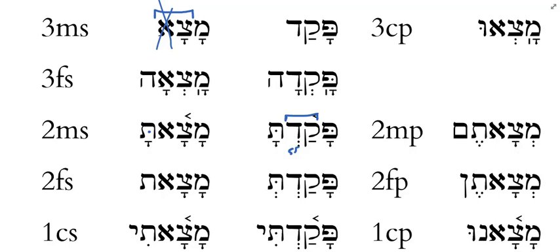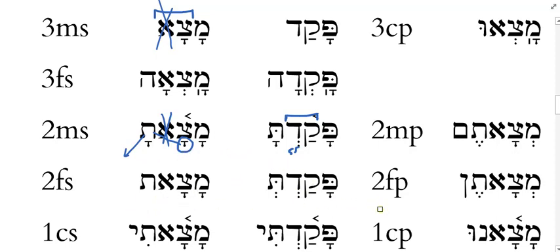So what precedes this begadkefat letter tav that would normally have a dagesh lene? Remember, the aleph is not being pronounced. So what's before the tav? A vowel, right? What happens to the dagesh lene? It falls out. A preceding vowel sound blows out a dagesh lene. Does that make sense? Okay, good. So it goes away. So matzata. All right? So paqadta, matzata. It still has that ring of similarity, but with the fact that root three is now quiescent.